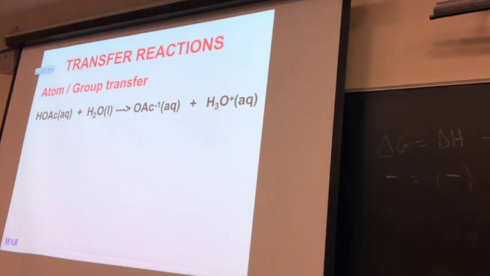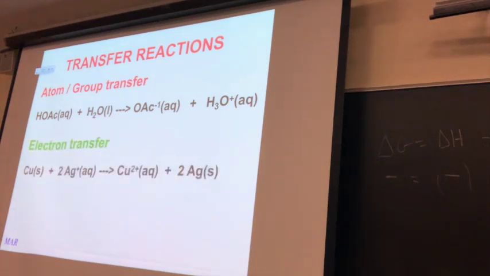So this would be an example of one atom being transferred. The hydrogen goes from the acid to the base to make the conjugate acid, and that's very, very common. But there's another type of reaction, and we started talking about it in Chem 221, but only briefly.